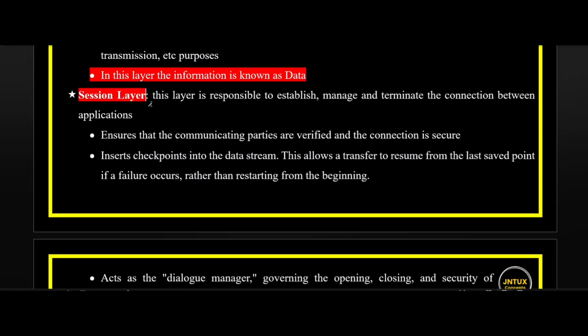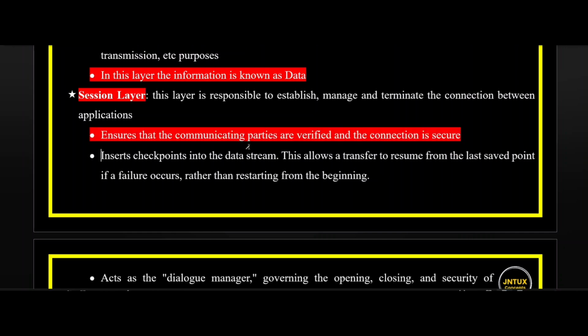The third one is the session layer. This layer is responsible for establishing, managing and terminating the connection between applications. It ensures that the communicating parties are verified and the connection is secure. It inserts checkpoints into the data stream, which allows a transfer to resume from the last saved point.